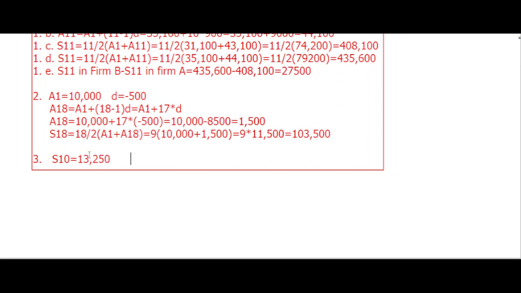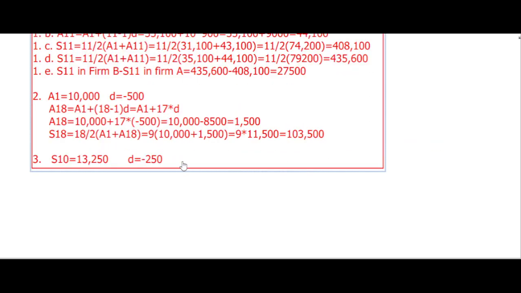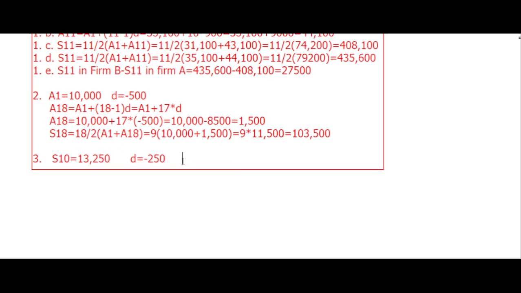Again, common difference which is equal to minus 250. What you need to find here is A1, the first term.